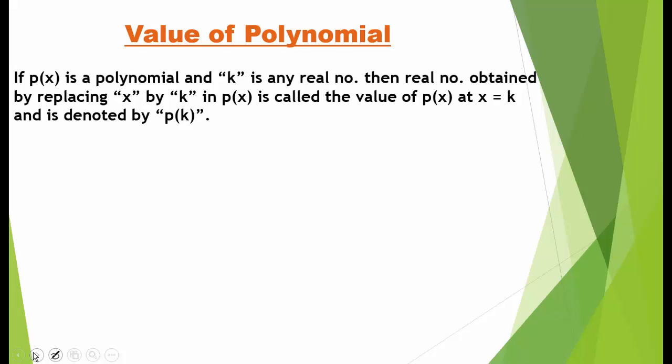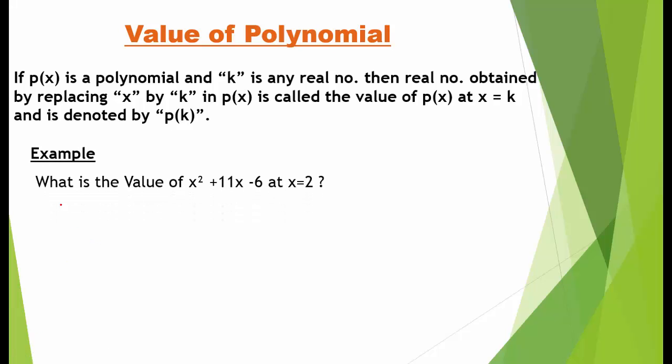The value of a polynomial means if in any polynomial we replace the variable x with any real number, say k, then the real number which we obtain by replacing x with k is known as the value of the polynomial. Let k be 2. If I replace x with 2, then the value which I get is the value of the polynomial.